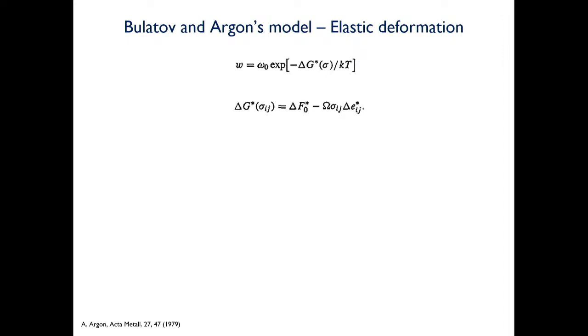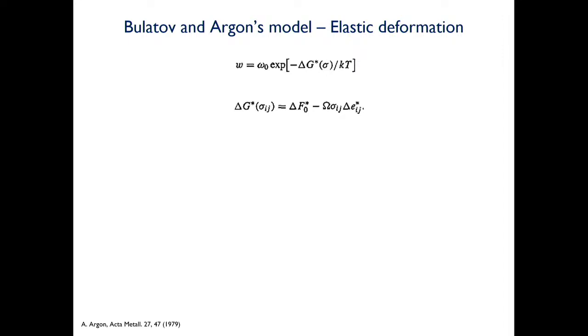One can write the rate of these transformations in this fashion, and delta G is the free energy barrier that one has to surmount to see these rearrangements in the system. When you apply stress on the system, this delta G is getting lowered because of the applied stress in the forward direction.